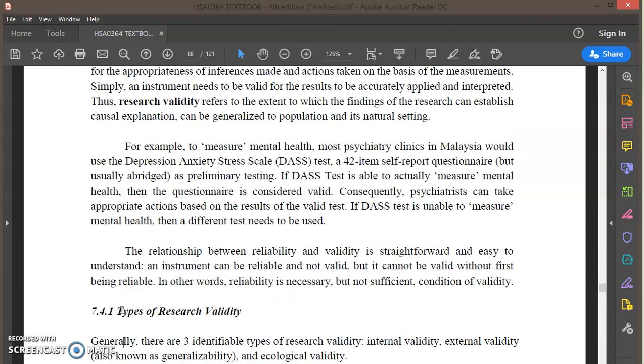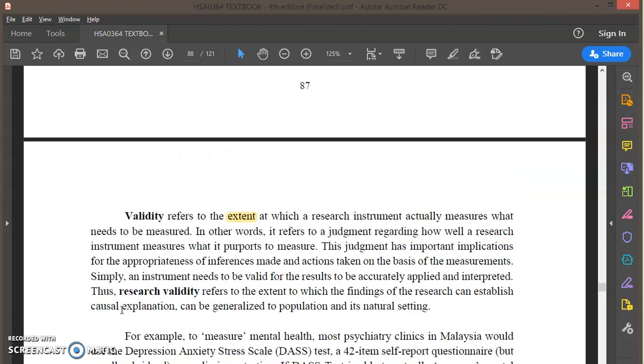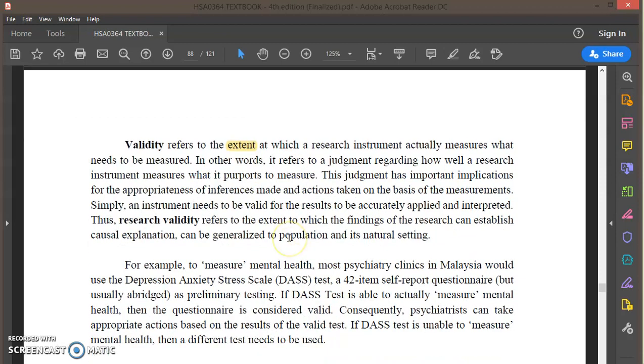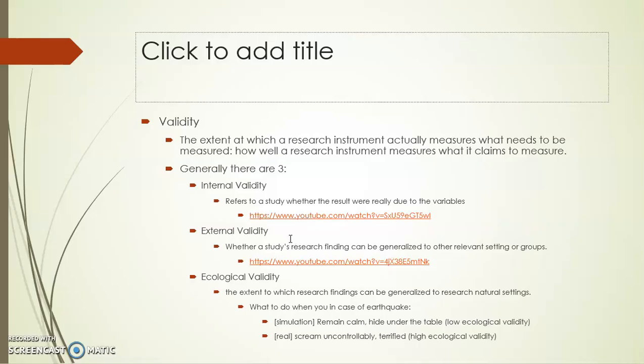Okay, so now let's continue with validity of a research. According to your book, validity refers to the extent at which a research instrument actually measures what needs to be measured. Right?